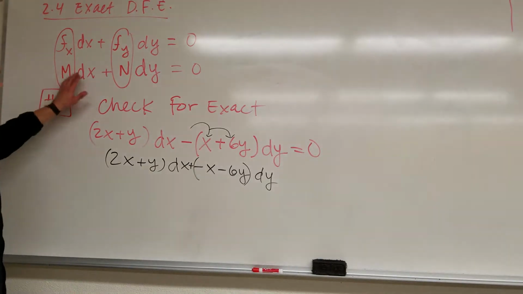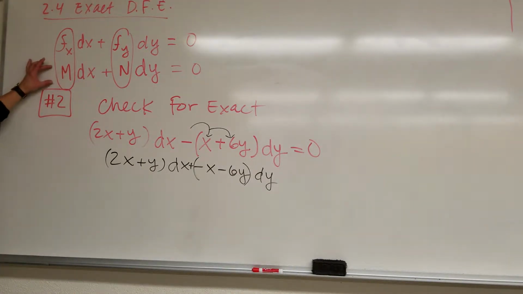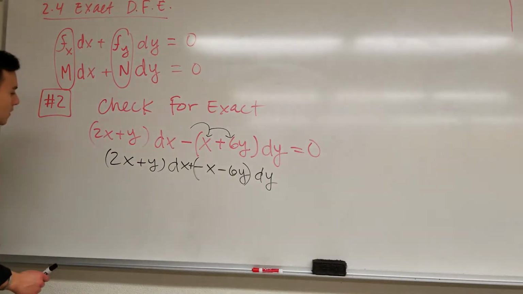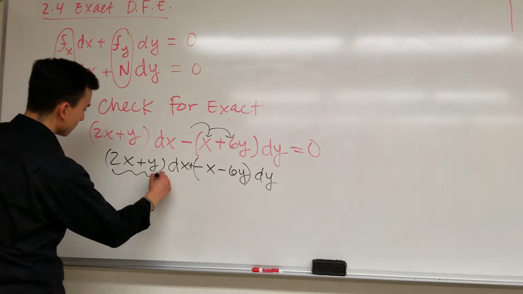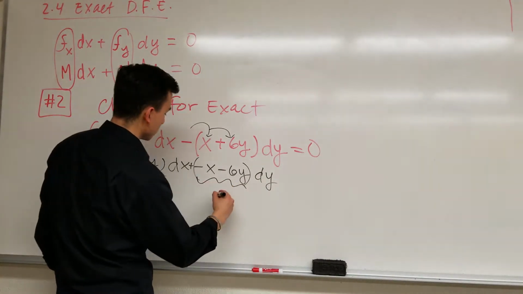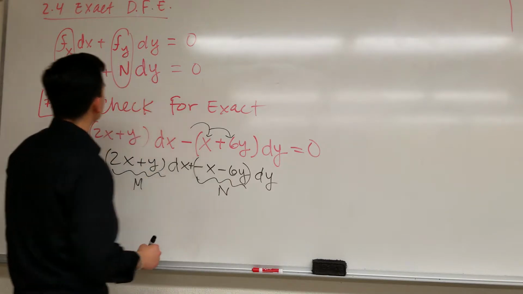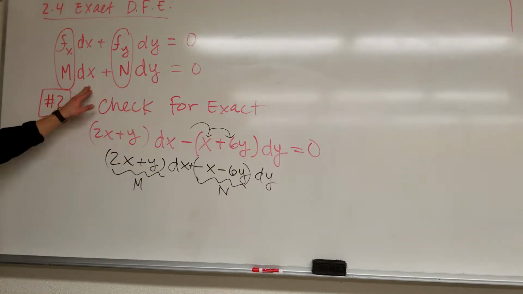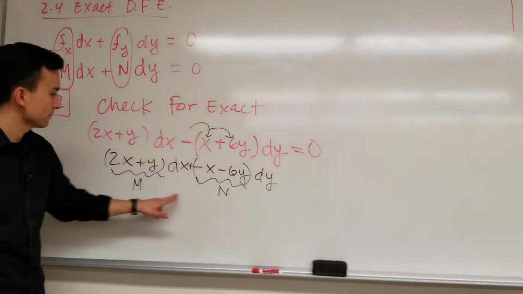Well, if we look at this equation, this is a format basically. This is our m. And this is our n. N is usually paired up with a dy. M is usually paired up with a dx, as we see here.